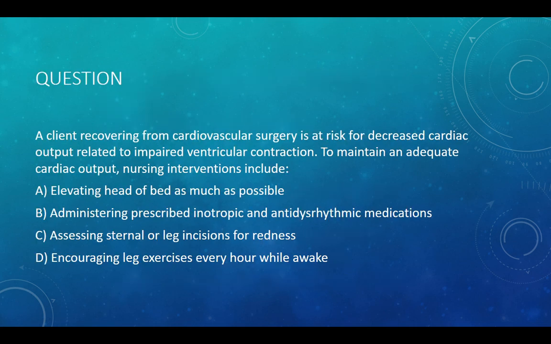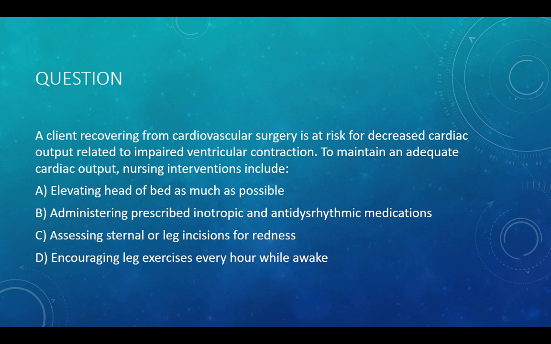Okay, question, the last one. A client recovering from cardiovascular surgery is at risk for decreased cardiac output related to impaired ventricular contraction. To maintain an adequate cardiac output, nursing interventions include which of the following? A, B, C, or D? So think about it a little bit here.